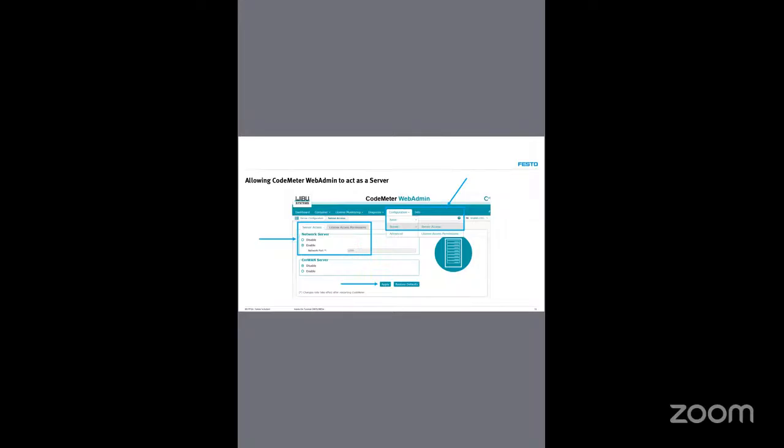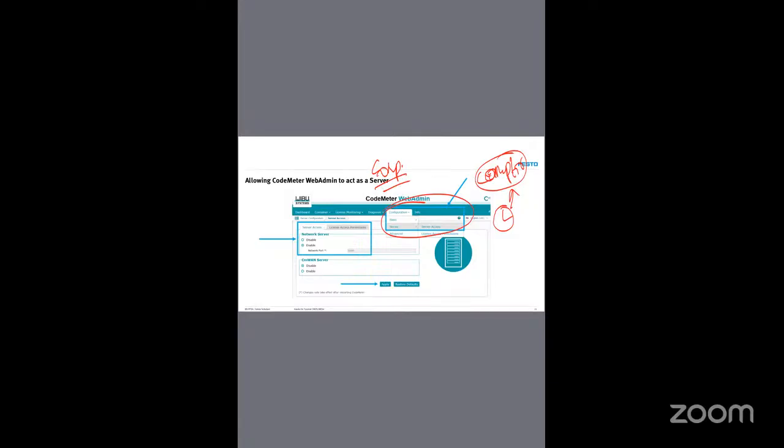Okay, suppose the license is in one computer. How can we use the license in another computer? Enable the server option.